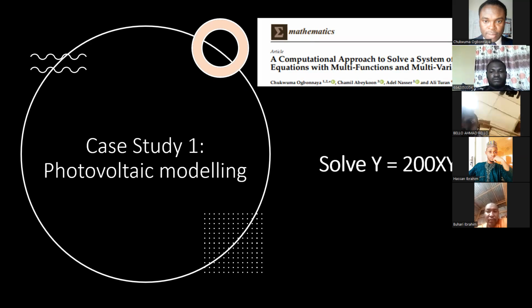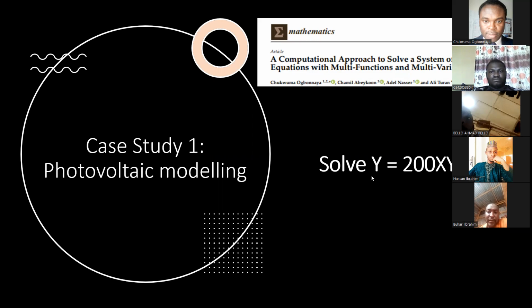What you can do to generate your table is to, first of all, assume the value of y. Once you assume the value of y, you can then find the value of x. You then assume another value of y, the second value of y, and compute the corresponding value of x.